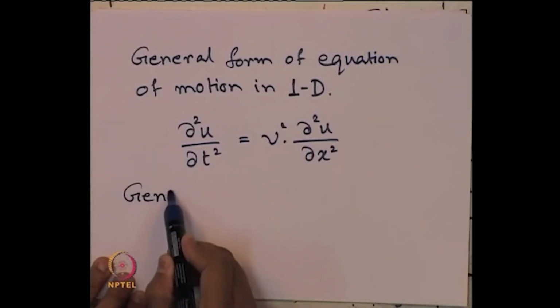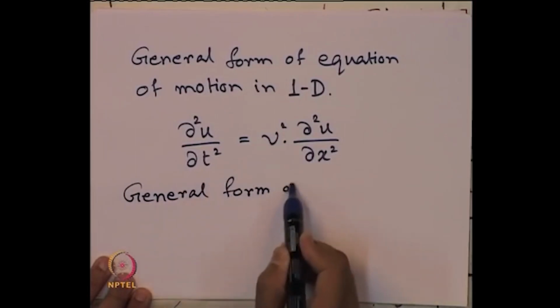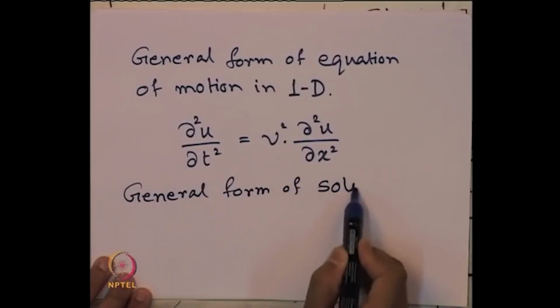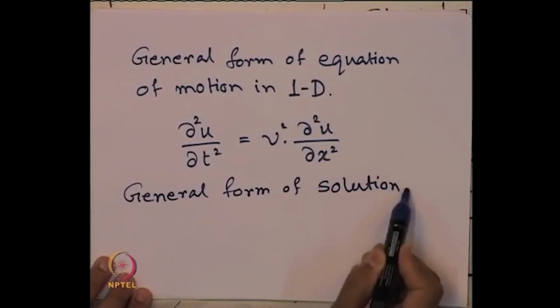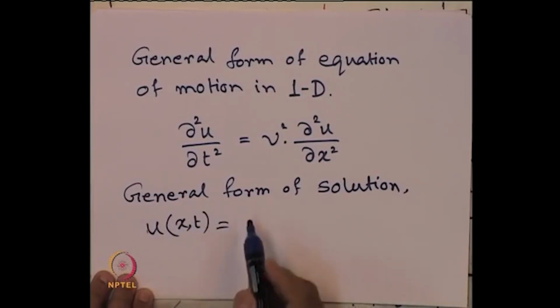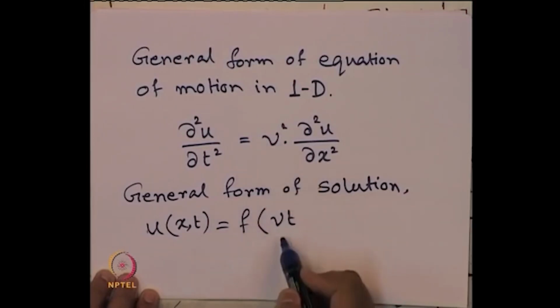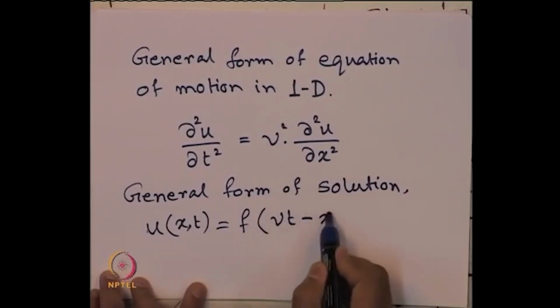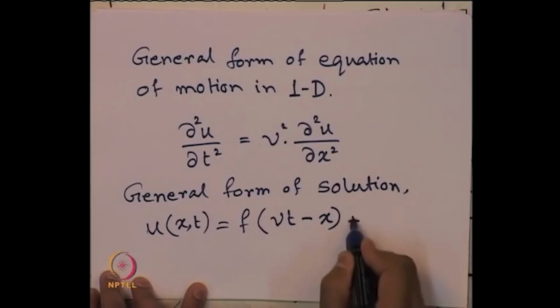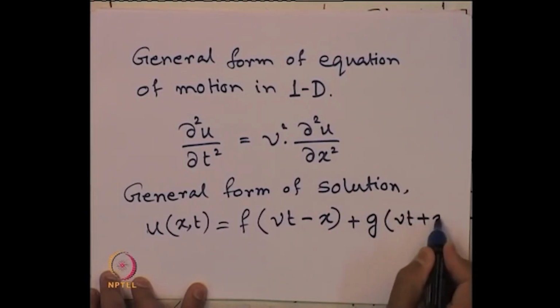So, let us see now the general form of solution of this equation. The general form of solution can be expressed as u as a function of x and t, which can be written as some function f of v times t minus that direction x, plus another function g of v t plus x.